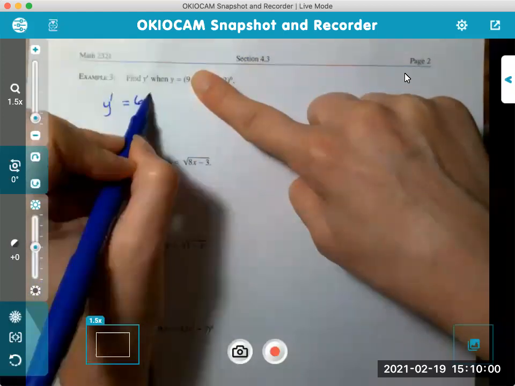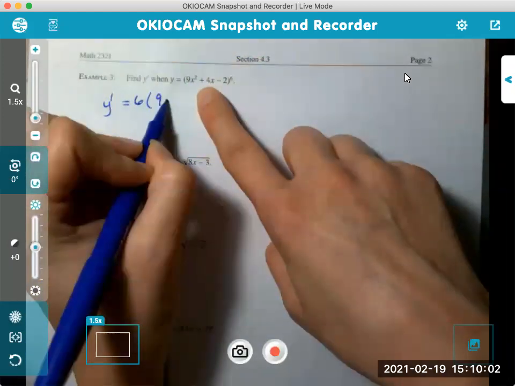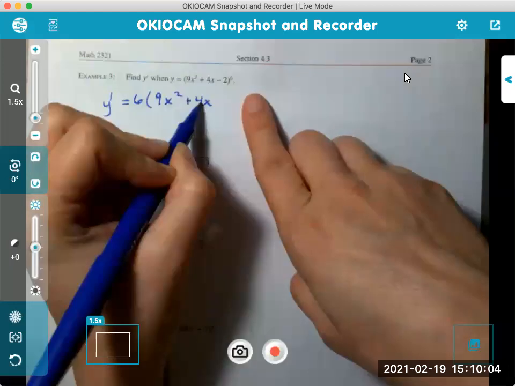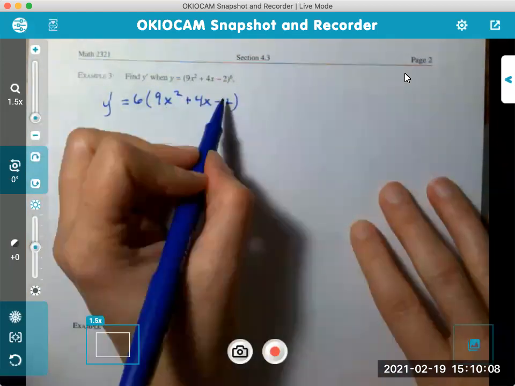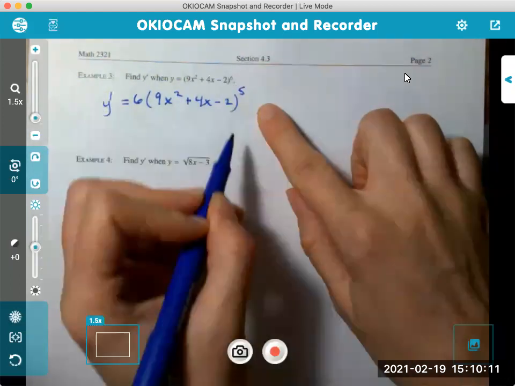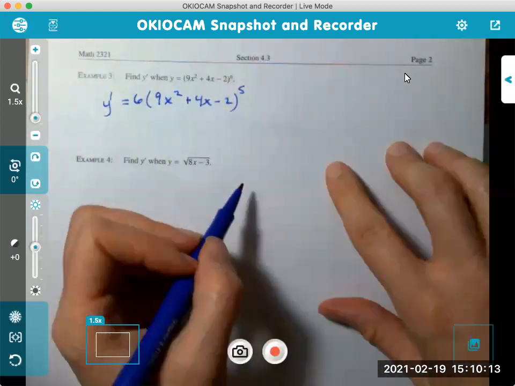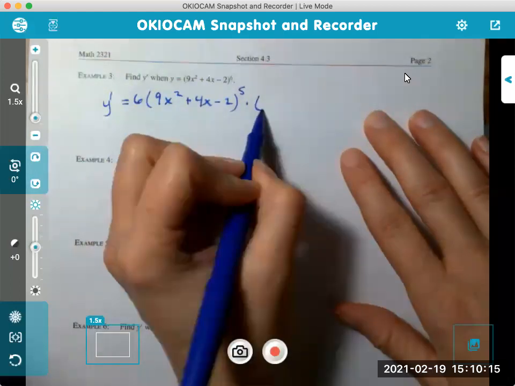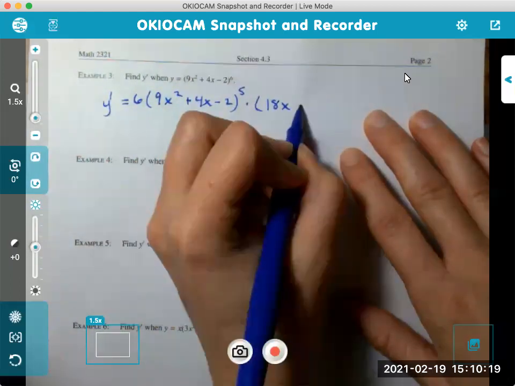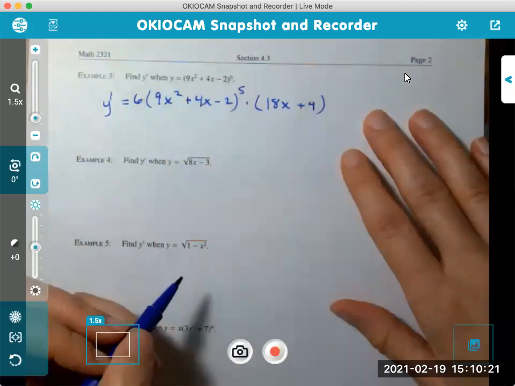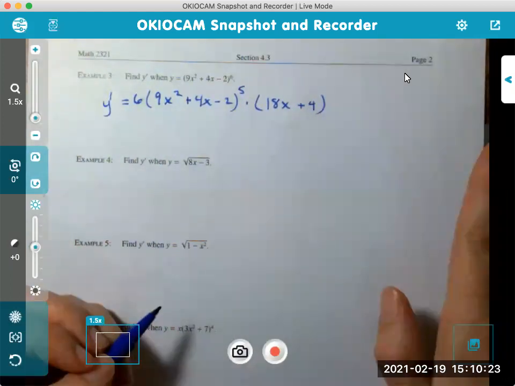So that's 6 times the inside, which just gets repeated: 6 times (9x squared plus 4x minus 2), now all raised to the 5th, right? We only did power rule. Then times the derivative of the inside. So we now have 18x plus 4. And that's it. You can leave it like that. I don't mind.